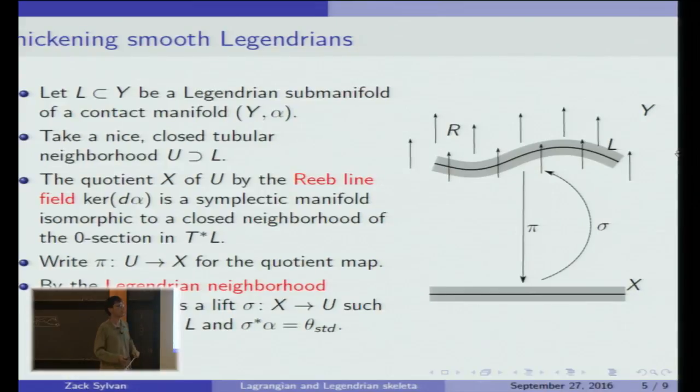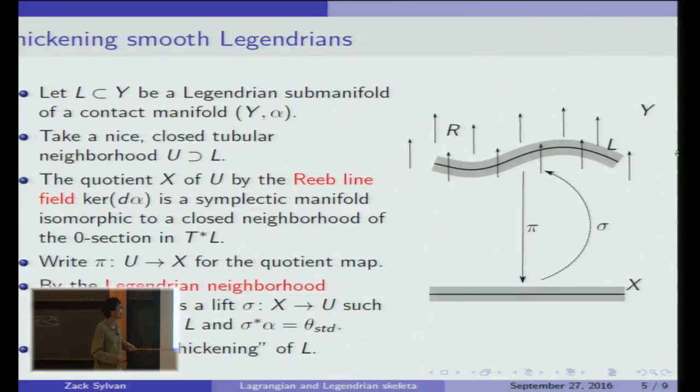It turns out for smooth Legendrians, there's a Legendrian neighborhood theorem that, among other things, says yes, we can find a lift. So there's a lift that sends L back to L, and which pulls back this one form alpha to the standard one form on a cotangent bundle. And so this is everything we could ask for from a thickening of a Legendrian.